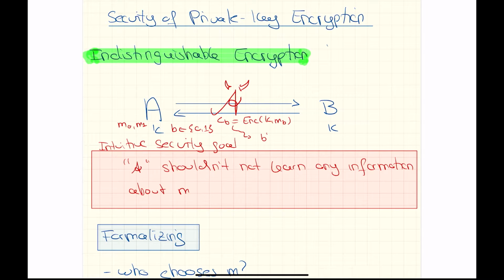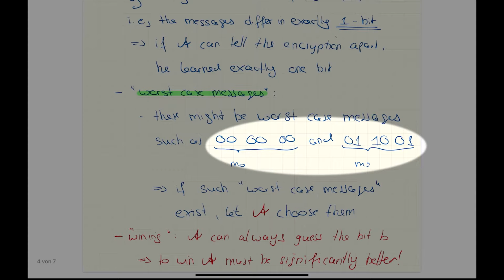In some cases, the encryption scheme might perform particularly badly for certain messages. It might be the case, right? So it works for almost all messages, but there are some weird messages where the encryption scheme doesn't perform very well. And therefore, if the adversary is allowed to choose the message, he can actually choose exactly these two worst-case messages.